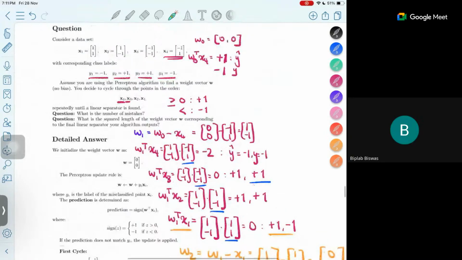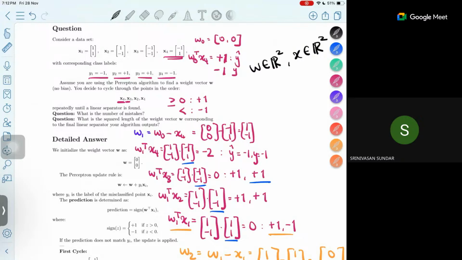Srinivas, just one maybe very basic question. This W transpose X, both are column vectors, right? How are we doing multiplication, or is it a dot product? Oh, it's a dot product. Yeah, because W also belongs to R^D. In this case it is R2, and X also belongs to R2.